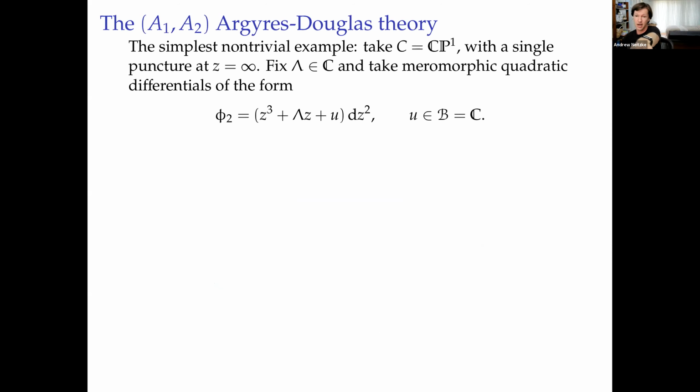So I'll write the meromorphic quadratic differentials in this form: a cubic polynomial plus lambda z plus u, times dz squared. The way you should think of it is that lambda is something that's just fixed for all time. It plays a role kind of like a complex structure modulus of the curve, and u is the parameter that we allow to vary.